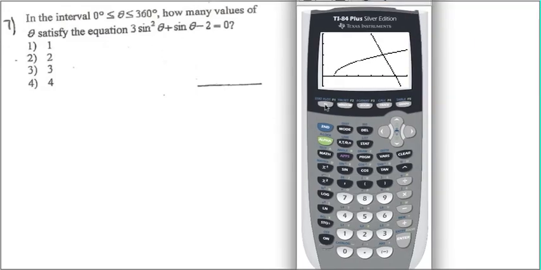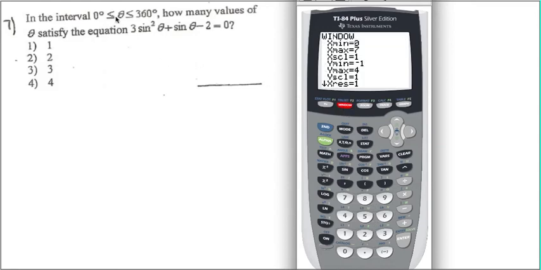So here I'm going to have y equals 3 sine x, close parentheses, and square. This basically means I'm looking at 3 sine squared x, plus sine of x minus 2.